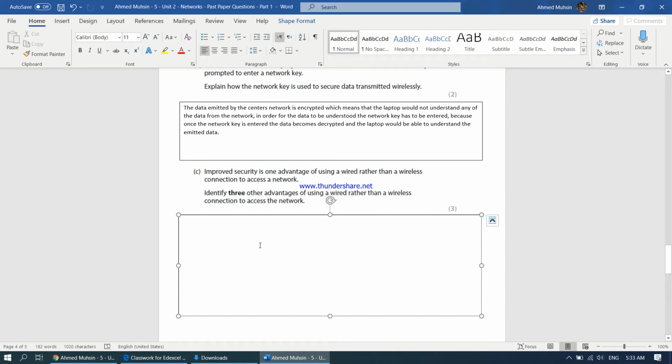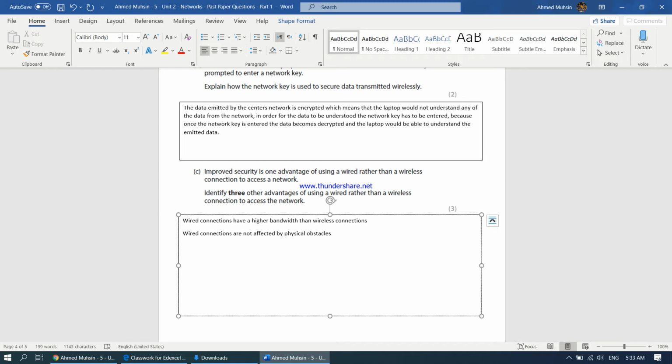So we can first start off with wired connections have a higher bandwidth than wireless connections. Okay, so this is your first advantage. Second advantage, you can say wired connections are not affected by physical obstacles.